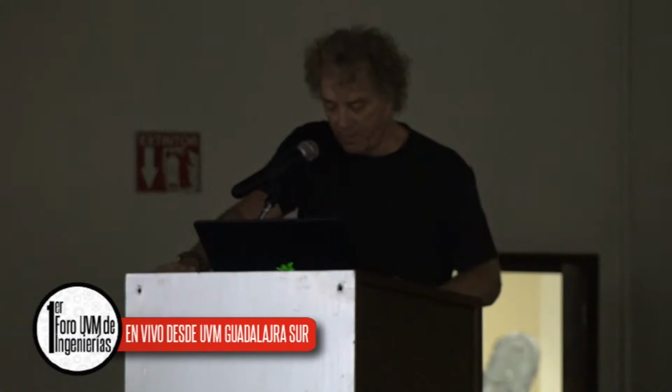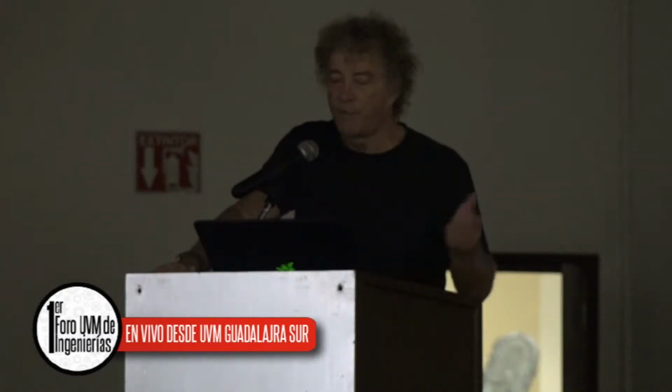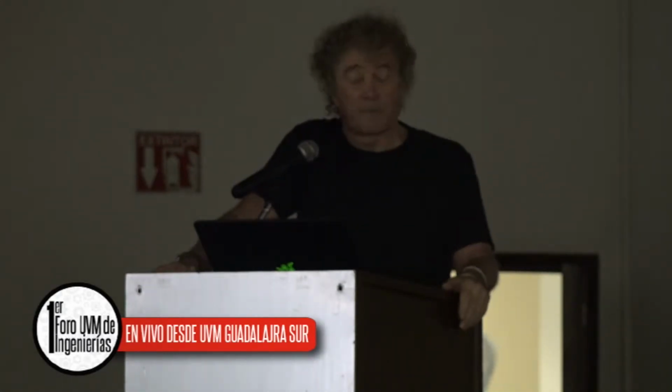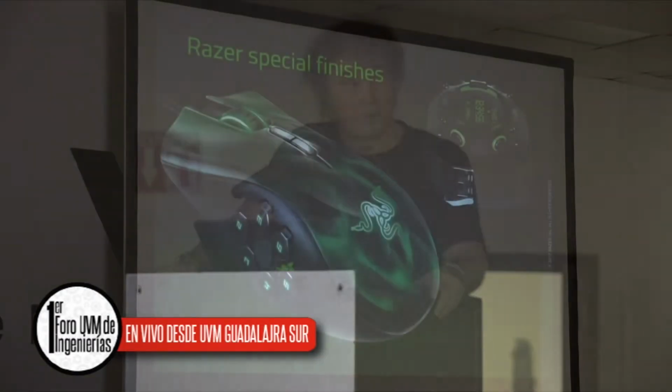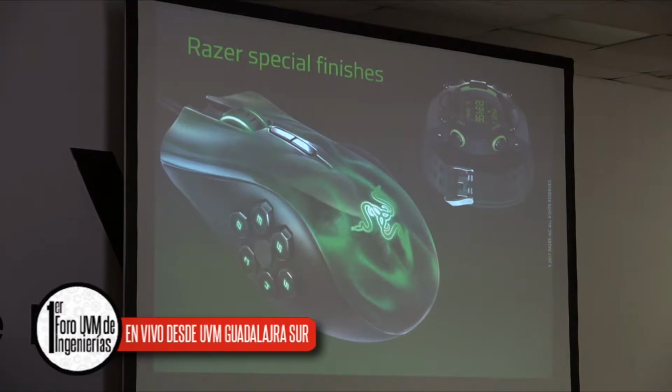Here's another example of our lighting patterns. Here's another one. Then we also look at special finishes. We do a lot of special finishes. Again, we draw a lot of inspiration from the automobile industry because they use a ton of special finishes.